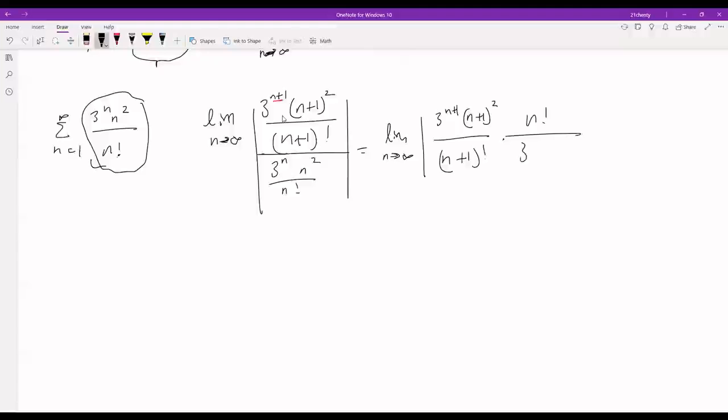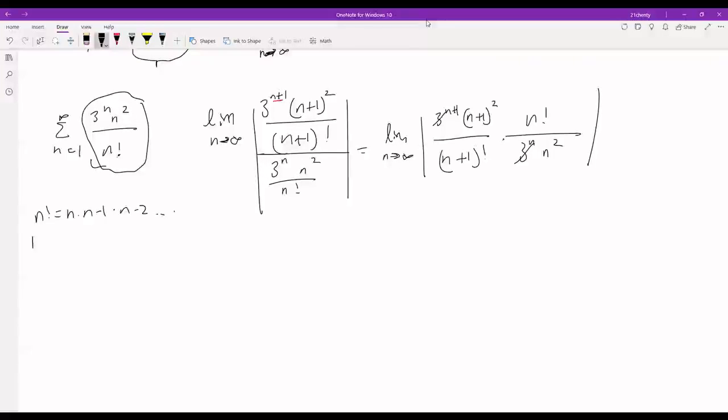So n factorial over 3 to the n times n squared. And then again, we can cancel out the 3 to the n and 3 to the n. And with factorials, n factorial equals n times n minus 1 times n minus 2, etc.